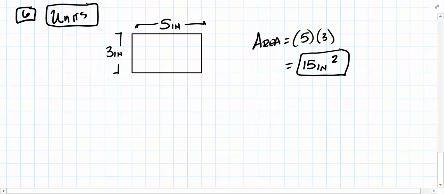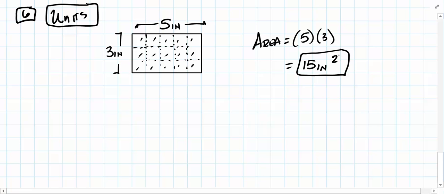Because if I broke this up into individual little boxes, like this and this and this, how many boxes do I have total? 1, 2, 3, 4, 5, 6, 7, 8, 9, 10, 11, 12, 13, 14, 15. So I have 15 little squares. That's why we have a squared unit in here.